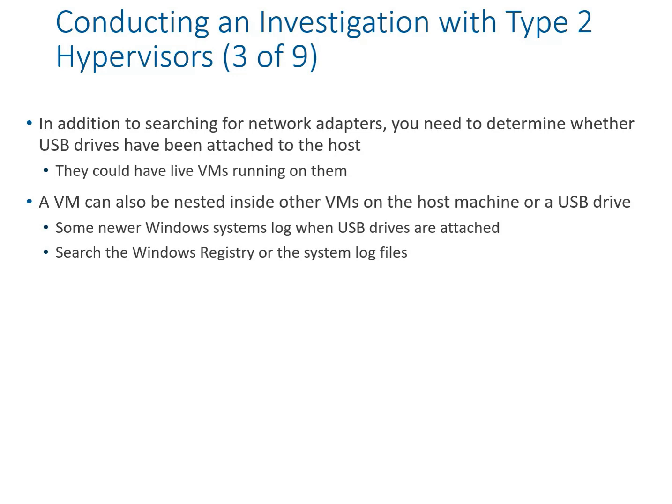Since the footprint of a virtual machine, especially the Linux ones, is so small that you can easily install it on a USB disk, it's very important to investigate whether the machines existed on the actual hard drive of the host computer or were running directly from the USBs. A VM can also be nested inside other VMs, the host machine or a USB drive.